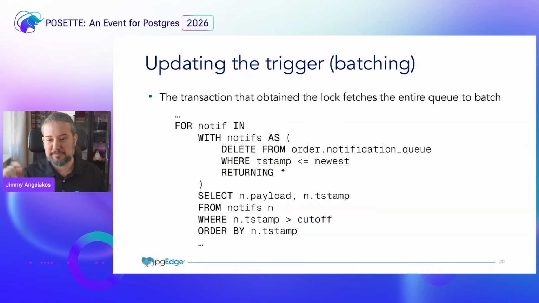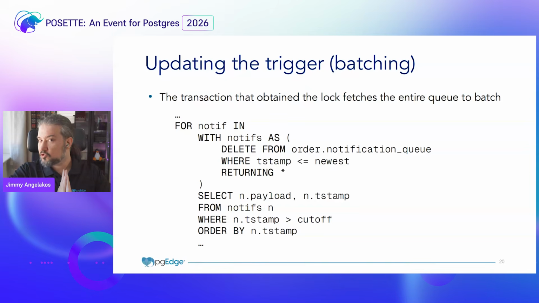You can say delete from the table where tstamp is less than 10 seconds, returning star. And this star feeds into the next select, which is select n.payload, tstamp from notifs n, where n.timestamp is greater than the cutoff. So only newer notifications, ordered by timestamp.